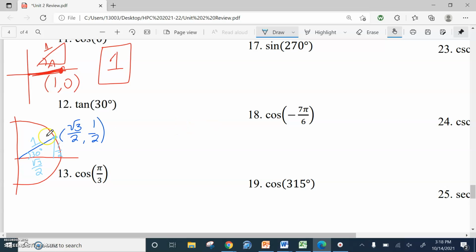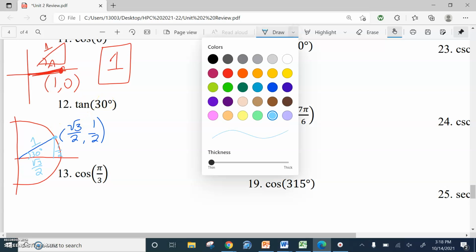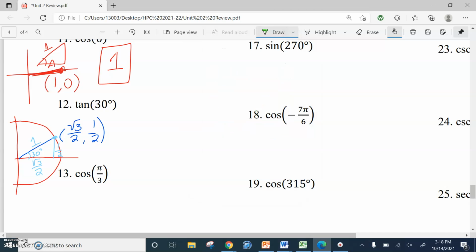So if I do that, I'm just being asked, what is the tangent of 30 degrees? The tangent of 30 degrees is taking the opposite over adjacent. So it's asking me to take the opposite, 1/2, over the adjacent, square root 3 over 2. We can't just leave that. We can't leave a fraction over a fraction. That's not a simplified enough answer.